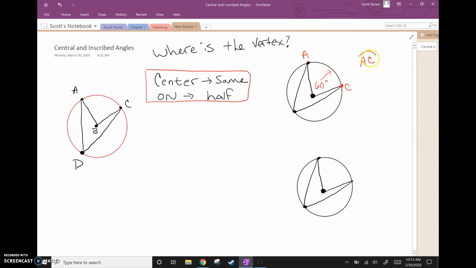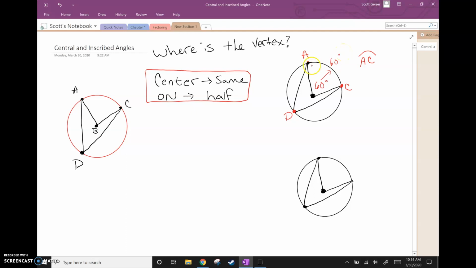You're traveling the shortest distance from A to C. That's called a minor arc. So this would be 60 degrees.